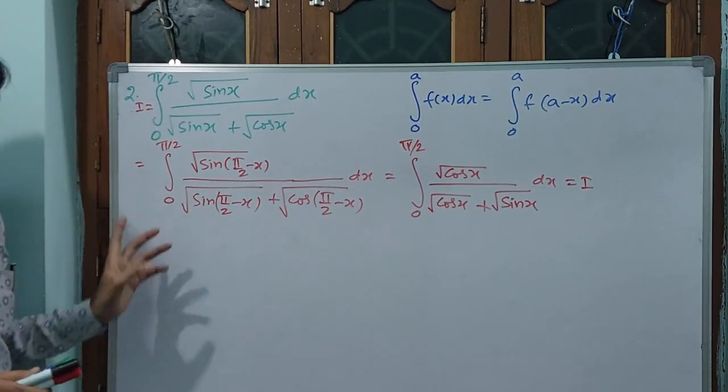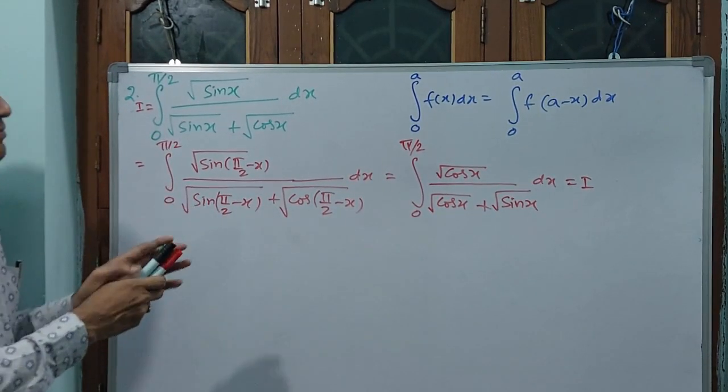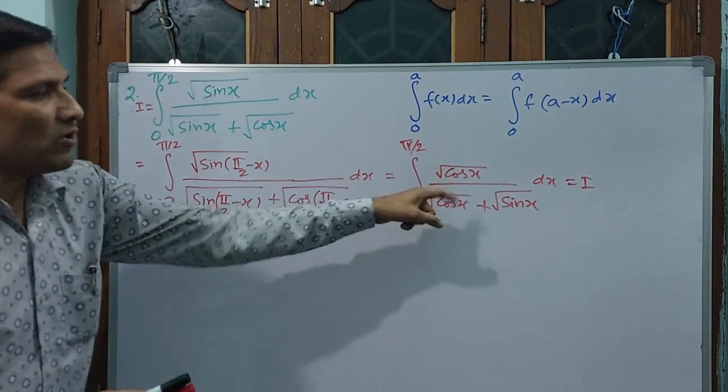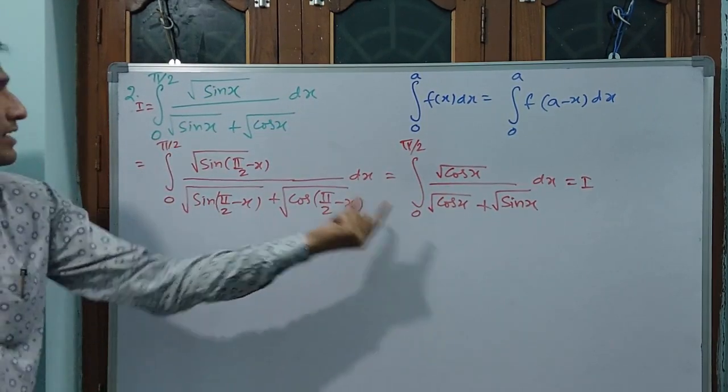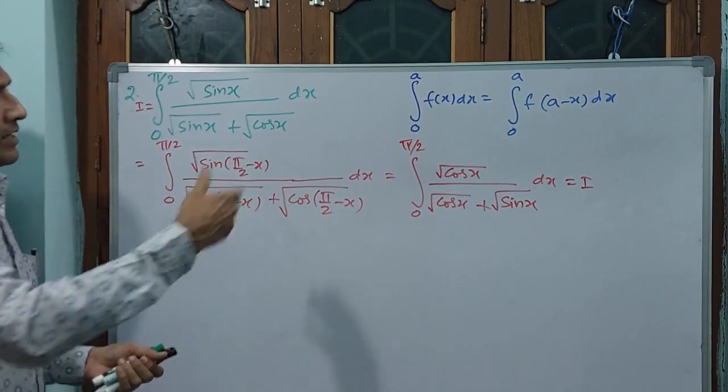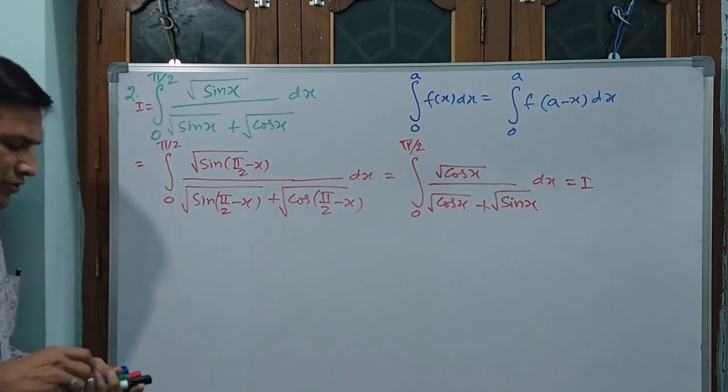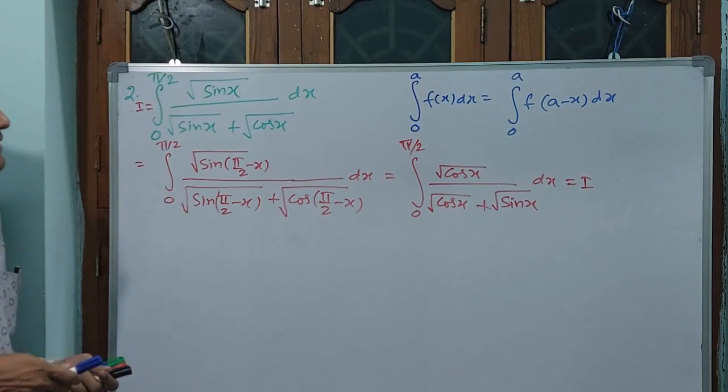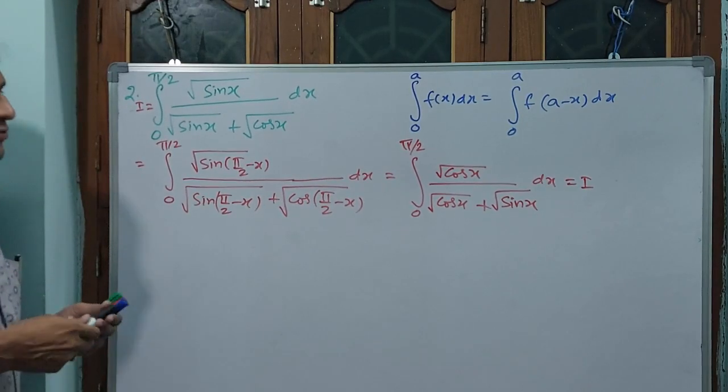Now if you add these two, 2I is square root of sin x plus square root of cos x in the numerator. Why? Because the LCM is the same, the denominator will be the same. Then it is going to cancel out. Like that we can proceed.